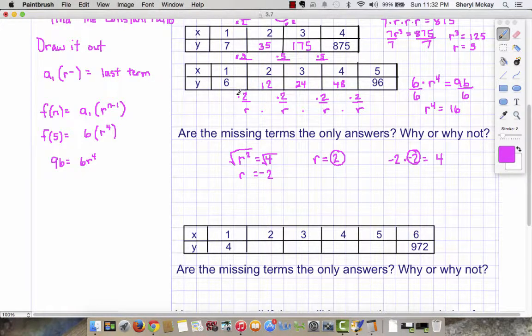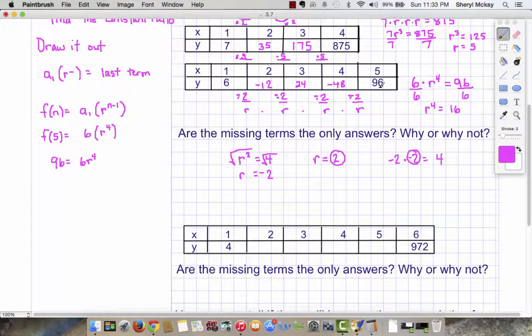What if our constant ratio was a negative 2 instead of a positive 2? What would happen if we did that? Well, we would do 6 times negative 2 is a negative 12. Negative 12 times a negative 2 is a positive 24. 24 times a negative 2 would give me negative 48. And negative 48 times a negative 2 would give me a positive 96.